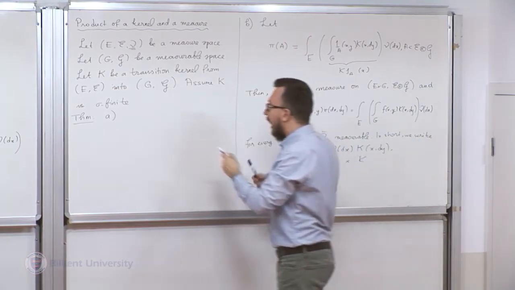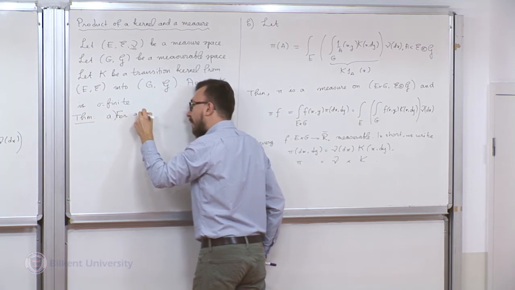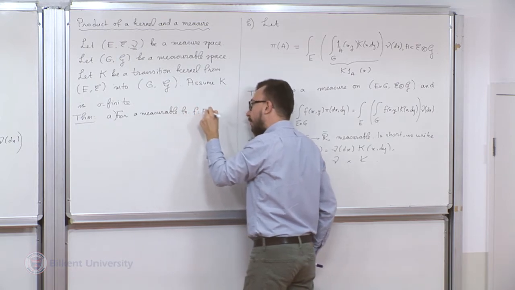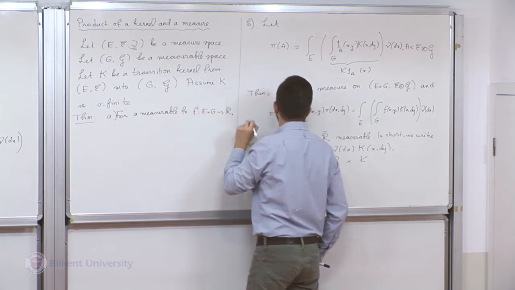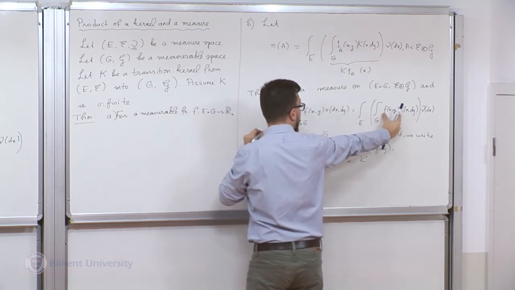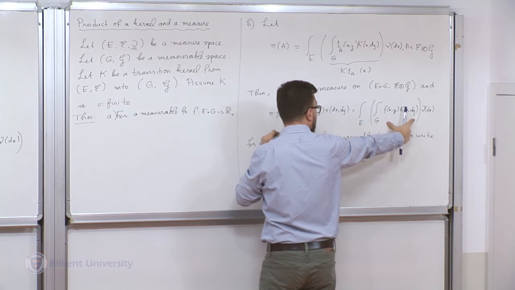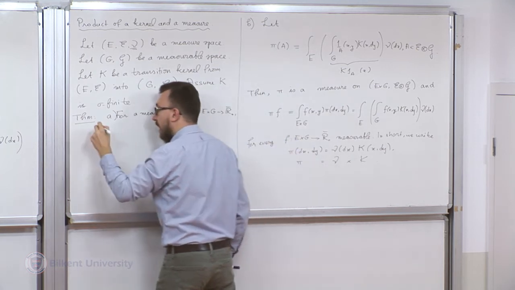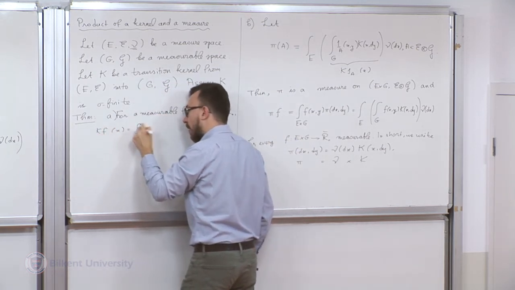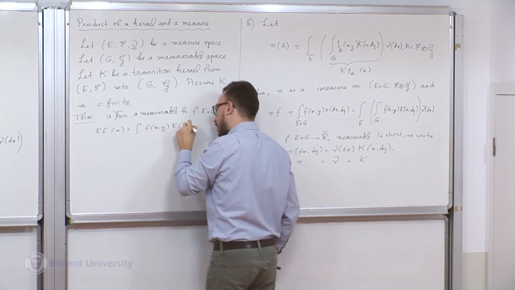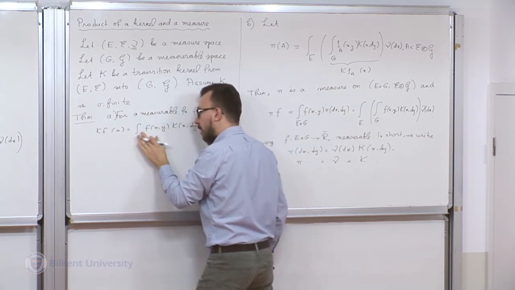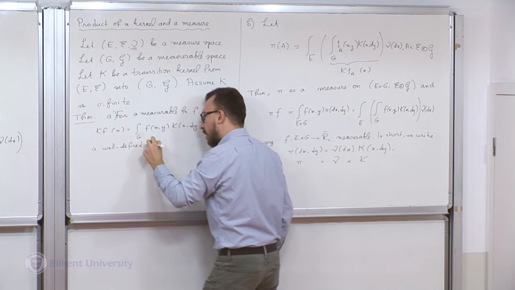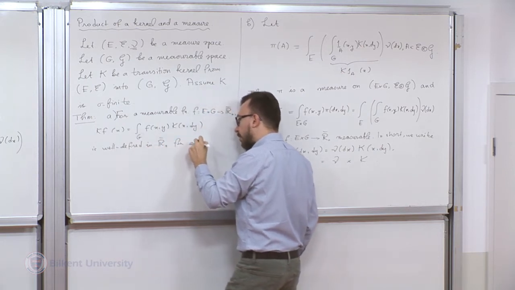So this forms part A: for a measurable function f on the product space. I'm going to say it not only for indicators, but also for general functions, because we also need the integral of f with respect to k, right? So for a measurable function f, this kf of x is well-defined in R bar plus for each x.